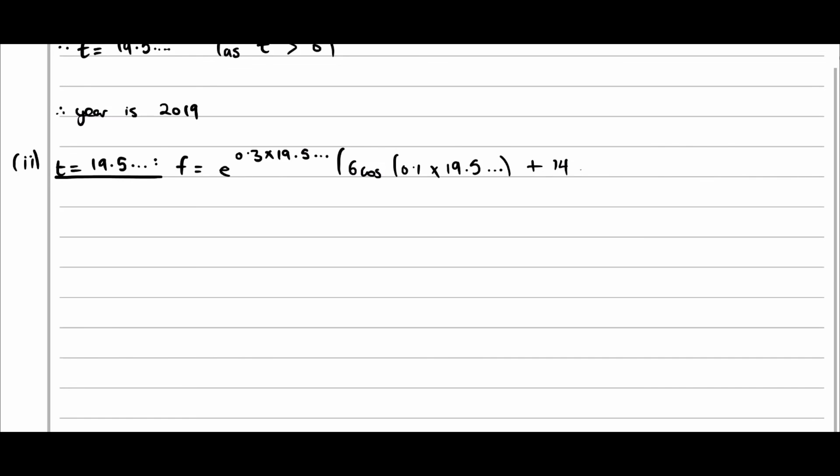So when t equals this 19.5, etc., we have f equals e to the 0.3 times 19.5, etc. times 6 cos of 0.1 times 19.5, etc. plus 14 sine of 0.1 times 19.5, etc. So we can find out a value of f.